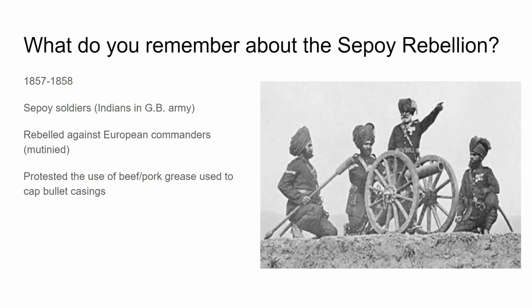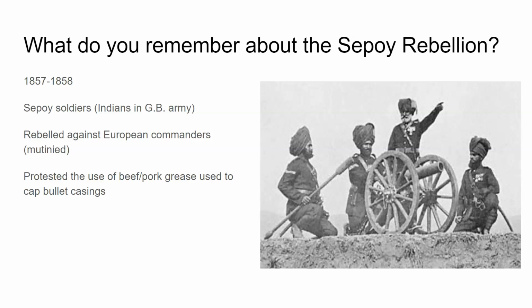And they mutinied because they were protesting the use of beef or pork grease used to cap bullet casings. Soldiers would have to bite the cap off of a bullet casing before loading it into the gun. And Indian soldiers had gotten word of a rumor that those caps were greased in beef and pork.